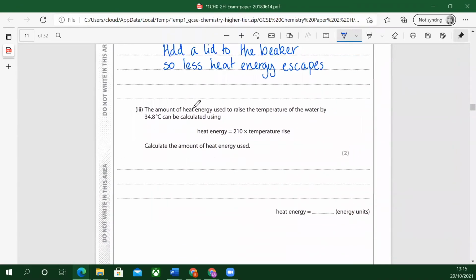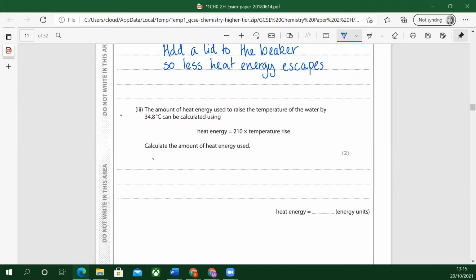Okay, the amount of heat energy used to raise the temperature of the water by 34.8 degrees Celsius can be calculated using heat energy is 210 times temperature rise. Calculate the amount of heat energy used. Okay, this is nice and easy. This is just putting numbers into an equation.